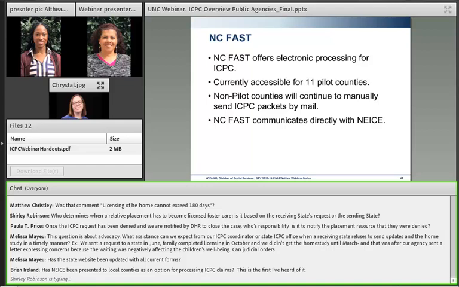Currently, we have 11 pilot counties. Those pilot counties include Richmond, Sampson, Rowan, Rockingham, Guilford, Orange, Catawba, Franklin, Macon, Chatham, and Dare. Non-pilot counties will continue to use our manual process to send in their ICPC request. NC FAST communicates directly with NEICE.